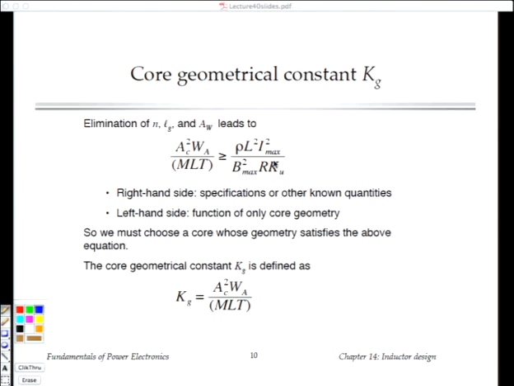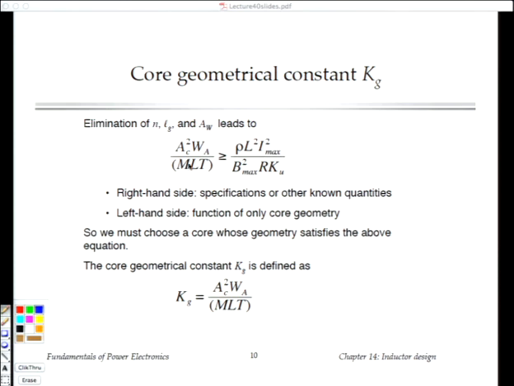So the quantity on the left then is a measure of magnetically how big a core is to do a certain filter inductor job. And what we do is we tabulate the left-hand side for all the cores on our list. And in practice then, you plug into the right-hand side and see how big a core you need, and then you go down the list and find one that satisfies this.